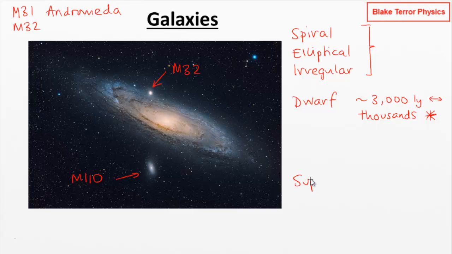You've got supergiant galaxies at the other extreme. In a supergiant galaxy, you might be looking at 300,000 light years across, so 100 times the diameter. And you're then looking in trillions or hundreds of trillions of stars. So a massive range there in terms of the size and the number of stars in these galaxies.